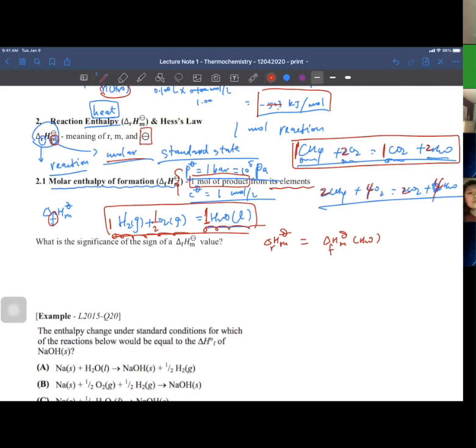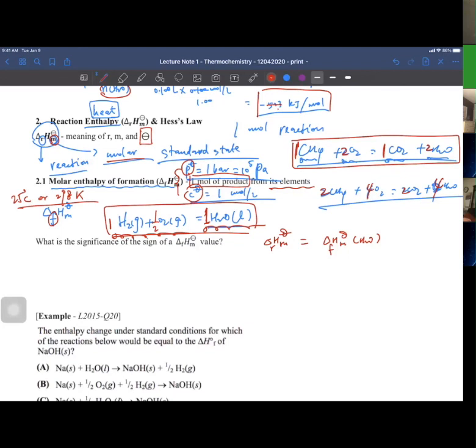But you probably will have a question: what will be the states of each substance here, right? Because in the definition of the standard states, we do not have a temperature requirement. So please pay attention. Typically, if there is no specific explanation, all of the delta H are at room temperature, which means 25 degrees Celsius or 298 Kelvin.